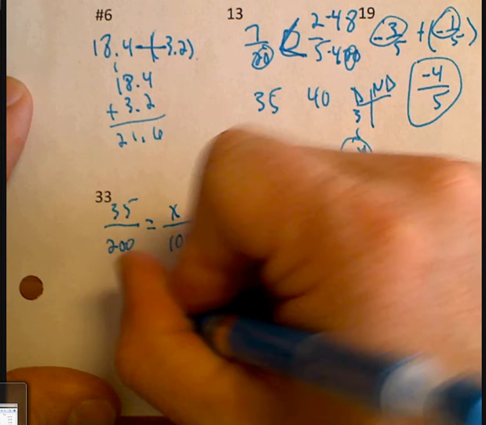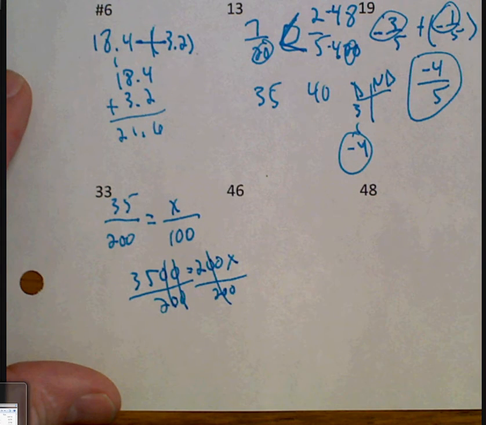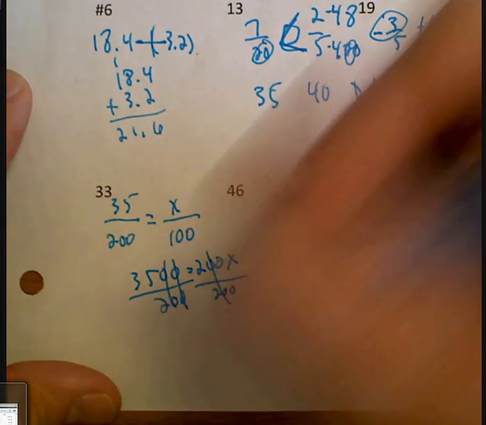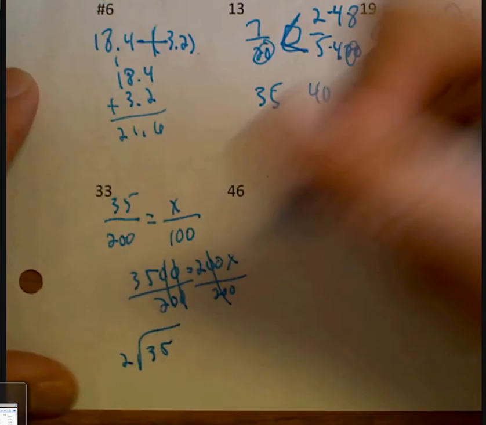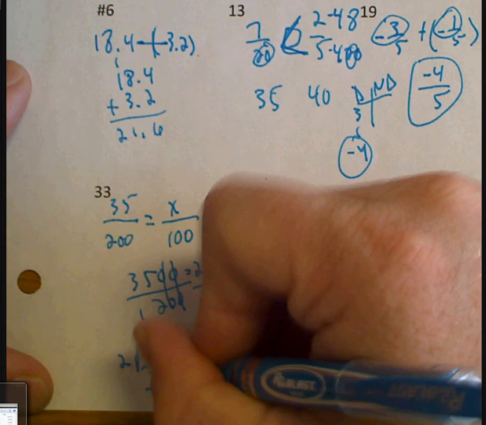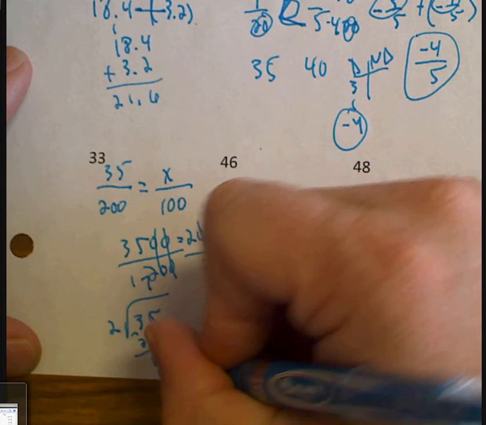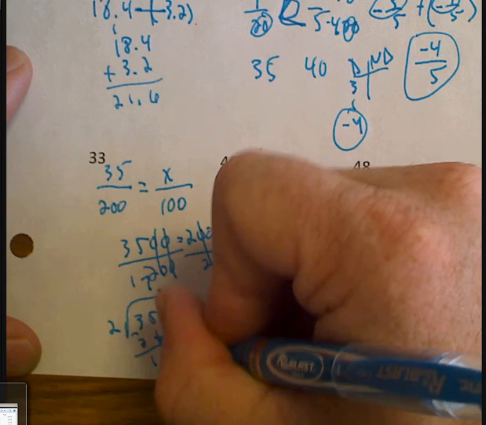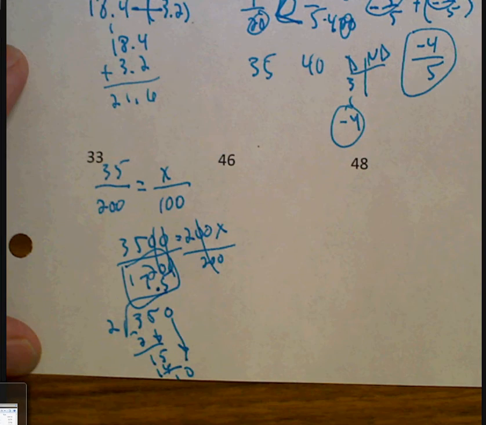If I divide by 200, I know my zeros can cross out. 35 divided by 2, 2 goes into 3 once, 2 goes into 15, 7, 1 left over, bring it down, 2 goes into 10, 5, so that would be 17.5 if I were to divide.